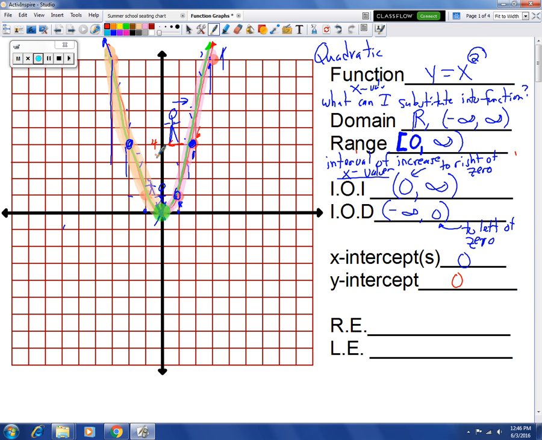Well, it's at 4. If he goes a little further to the right, let's say he's up here. Now he went further to the right. Well, now that y value is 7. And he goes a little further to the right. Now I go across here. Well, now the y value is 9. So the further to the right he goes, the higher the answer is.